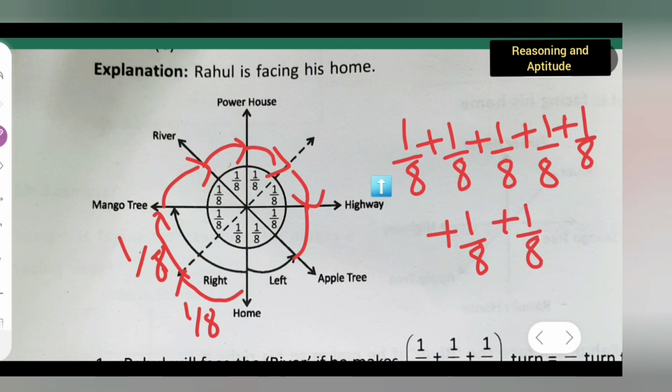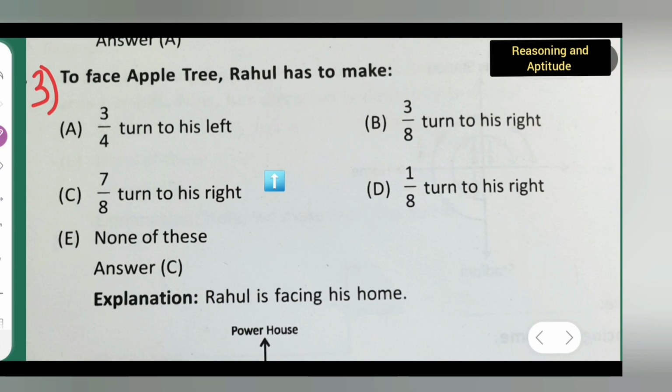How many times is it? 1, 2, 3, 4, 5, 6, 7. So it is a 7/8 turn to his right side. You can see this clearly here. So the correct option is C, 7/8 turn to his right.